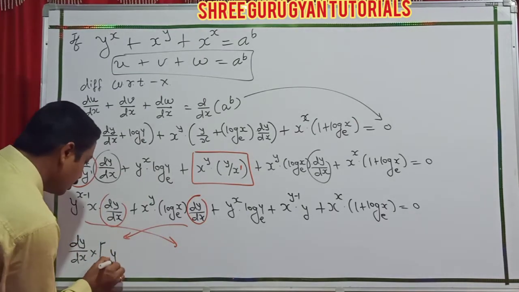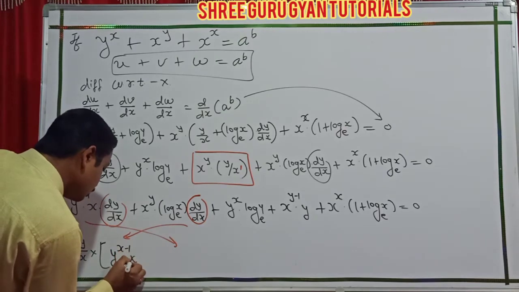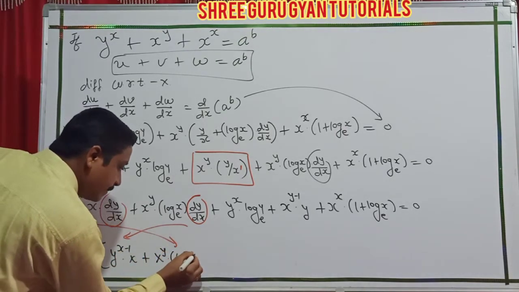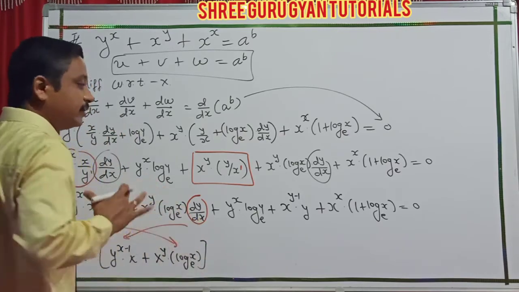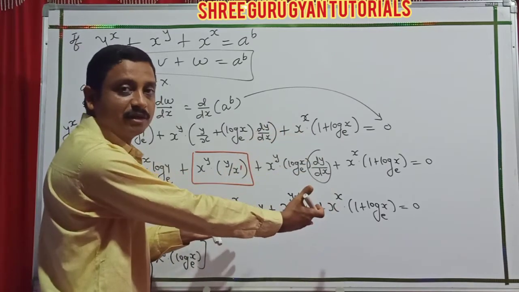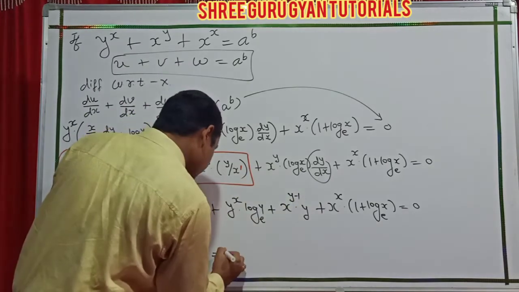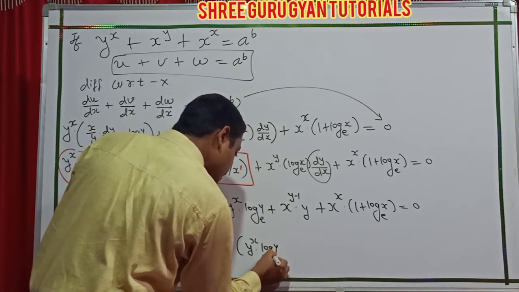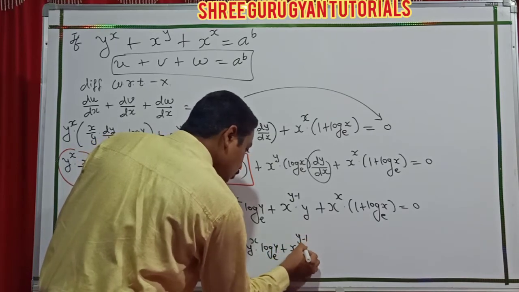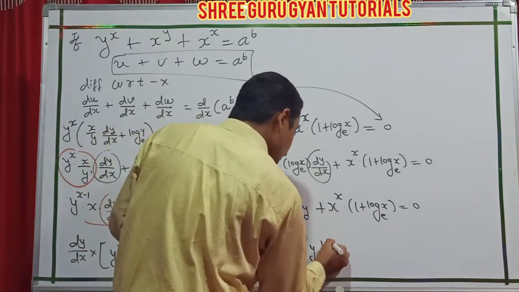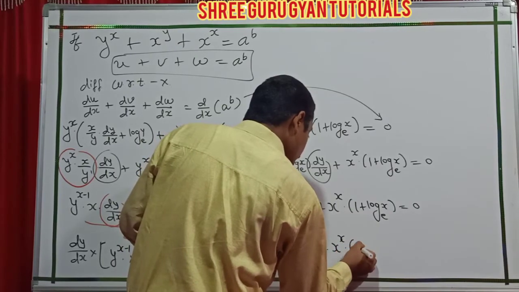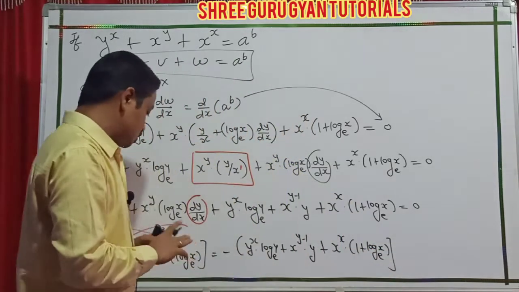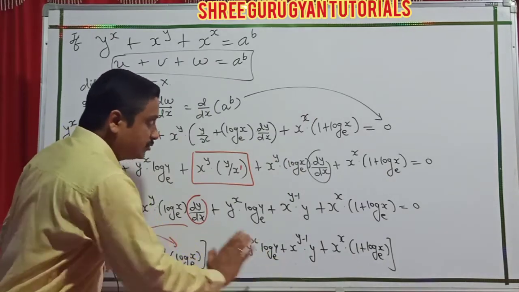I hope you understood. y raised to x minus 1 into x plus x raised to y into log x base e, that is the common, and these three portions we translate to the right side: minus of y raised to x log y base e, x raised to y minus 1 into y, and here x raised to x into 1 plus log x base e. Now this total value carry forward downwards.